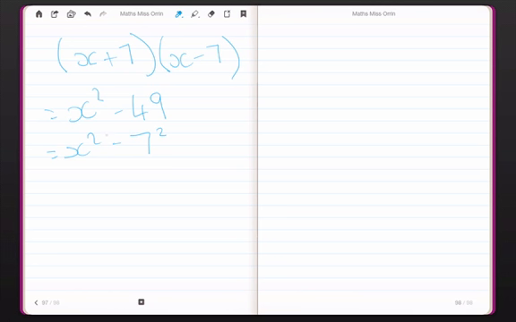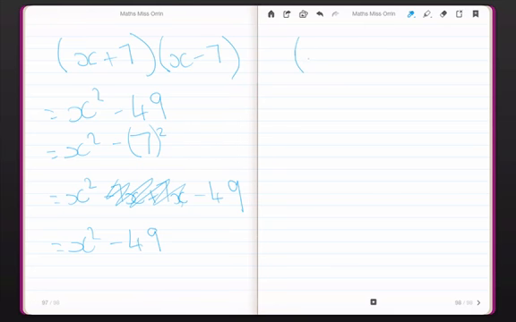Get the difference? Hopefully. Because if you wrote it out, you would say x squared minus 7x plus 7x minus 49. And these two bits cancel out, don't they? Because negative 7x plus 7x is just 0. So x squared minus 49. This is always a difference of perfect squares, okay?